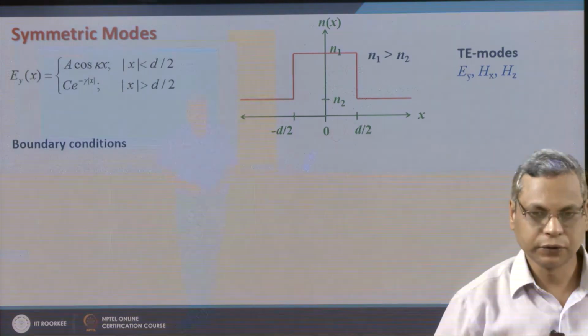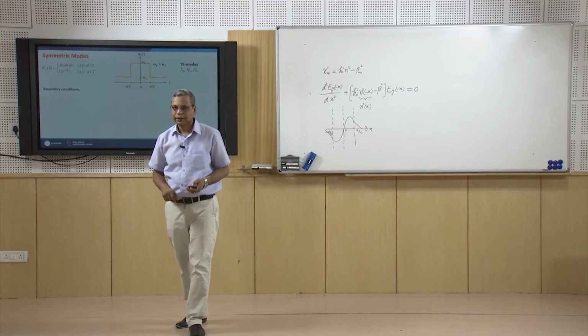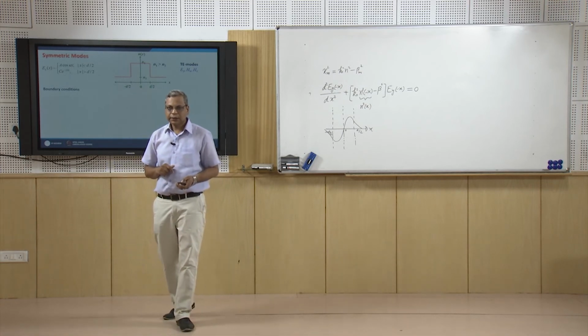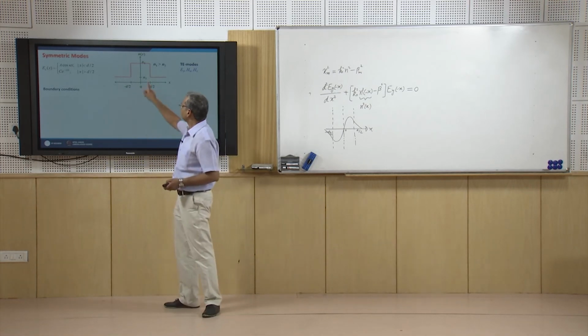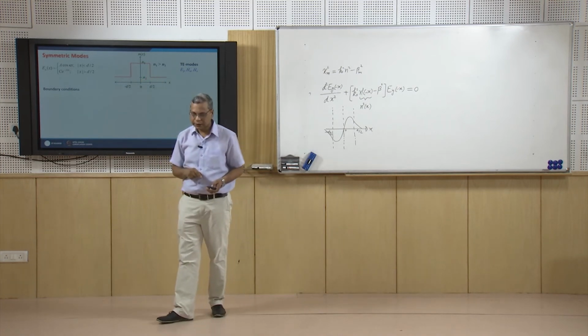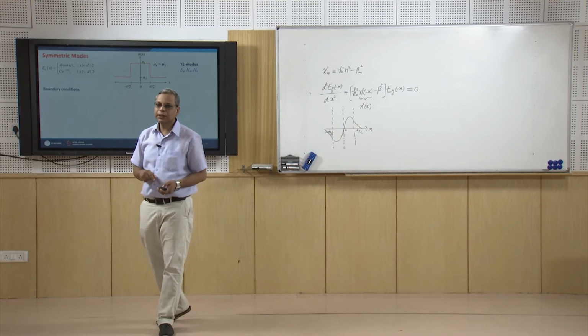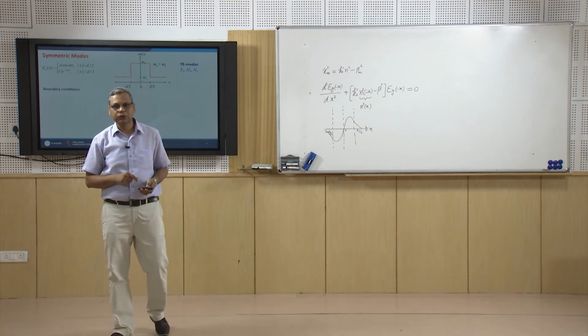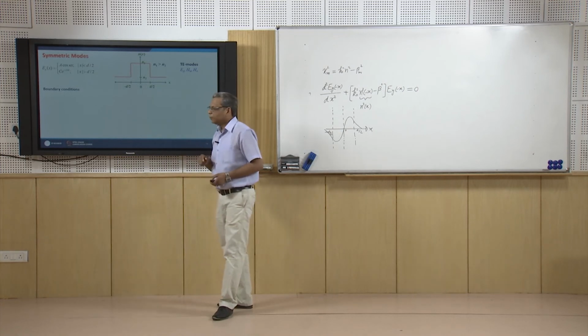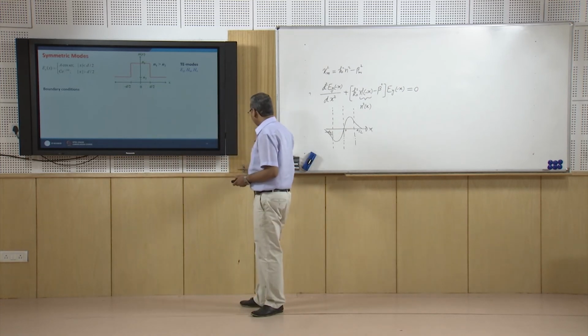For that I will use boundary conditions, and I have learned that when you encounter an interface between two dielectric media, the boundary conditions are that tangential components of E and H should be continuous.